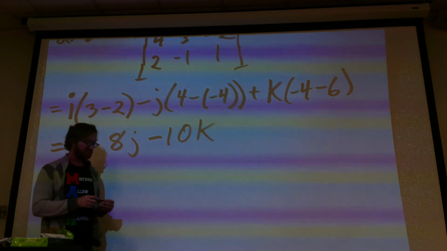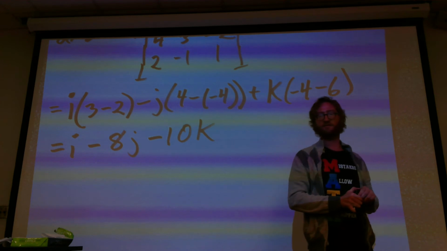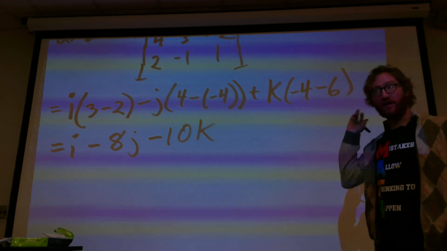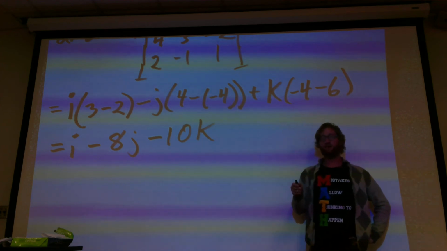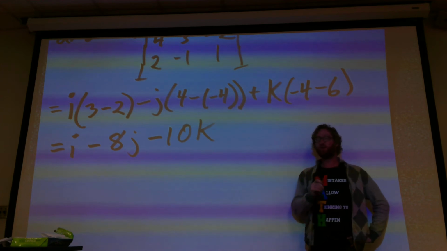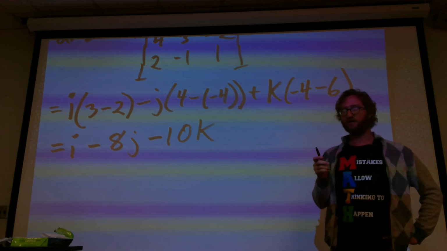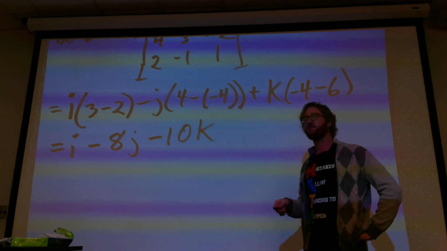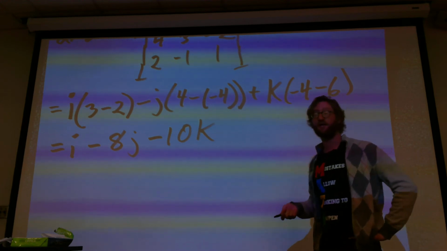How do I verify that I have done the cross product correctly? Now, like I said before, if the cross product equals 0, you have two parallel vectors. Now, if the dot product equals 0, then that means you have perpendicular or orthogonal vectors. So what we're going to do to this vector is do the dot product with the two vectors that we began with and verify that that comes out to 0, because that will tell us that it really is perpendicular to that plane.